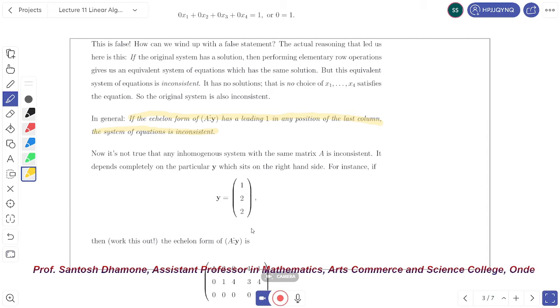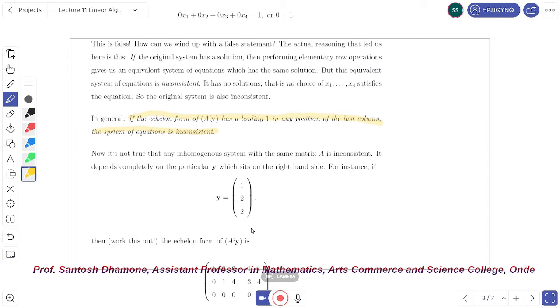The echelon form of the augmented matrix AY is 1, 2, 0, minus 1, 1, 0, 1, 4, 3, 4, 0, 0, 0, 0, and the reduced echelon form is 1, 0, minus 8, minus 7, minus 7, 0, 1, 4, 3, 4, 0, 0, 0, 0.